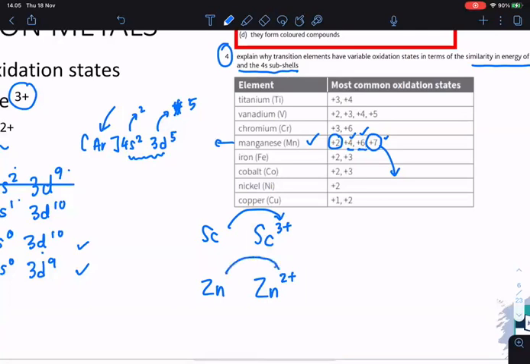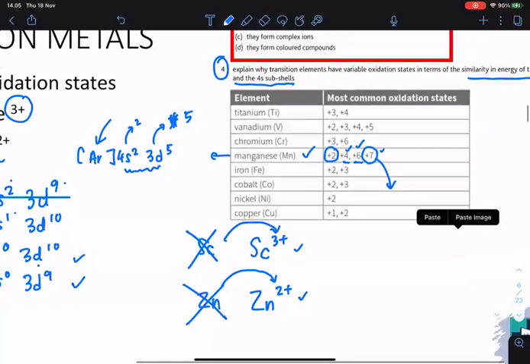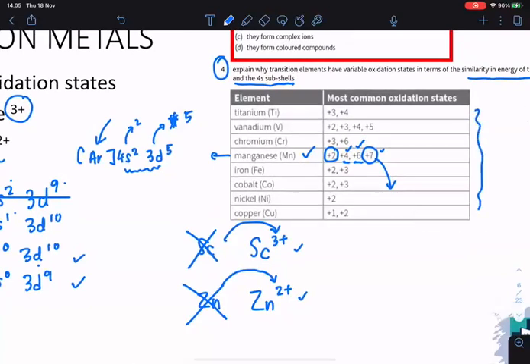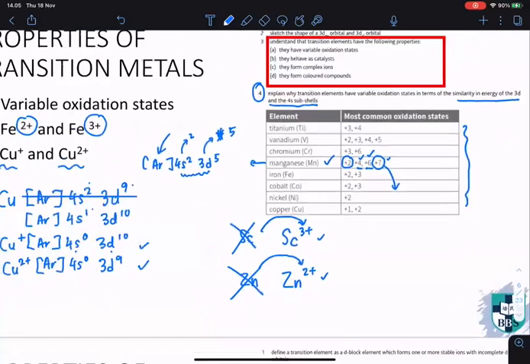Zinc can only form zinc 2+. There is no other oxidation state. Therefore, these two ions do not have an incomplete d subshell, so we do not consider them to be transition metals. But the other elements do have multiple oxidation states. So this is the explanation to your question.